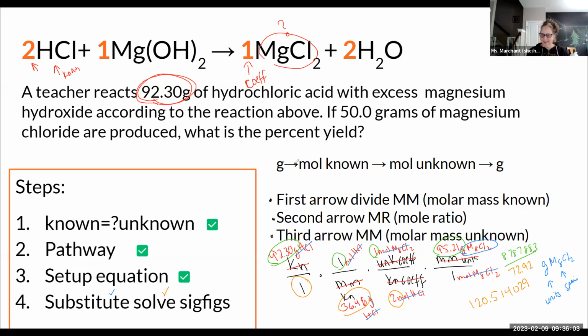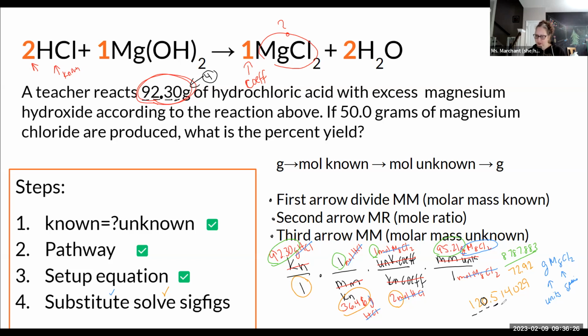And now I need to do my sig figs. 92.30. Non-zeros are significant. I see the decimal, so that 0 is significant. I have 4 sig figs. Underline the first 4. Why did I underline this 0? Because he's trapped or contained between two numbers, so he is significant.